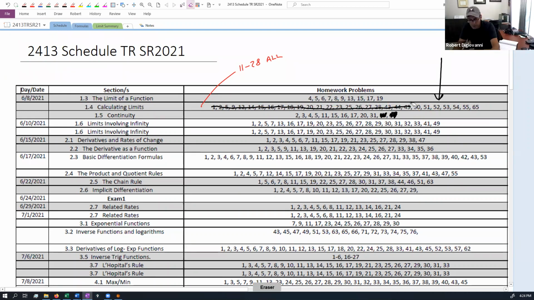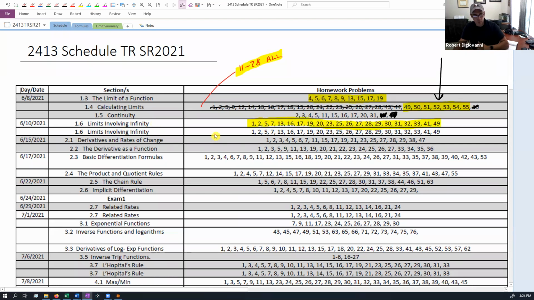Yeah, 49 through 56. So 49 through 55. 65 we won't do right now. Okay, so that's it. The problems you should have done now, or by next time we meet, is everything highlighted in yellow.